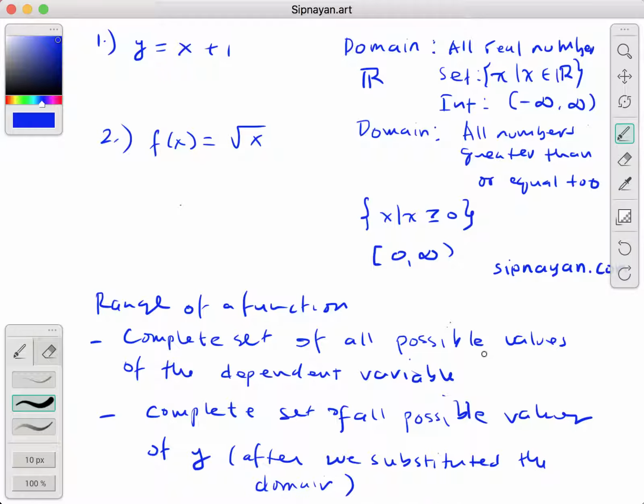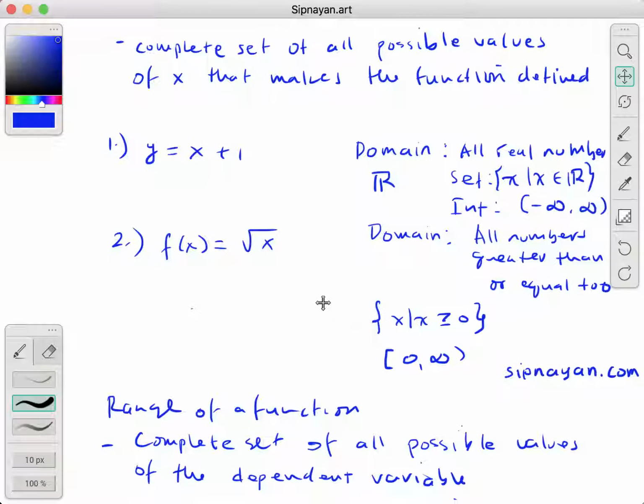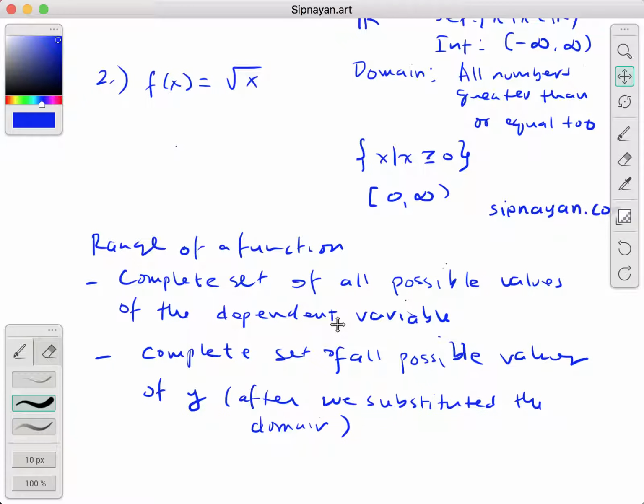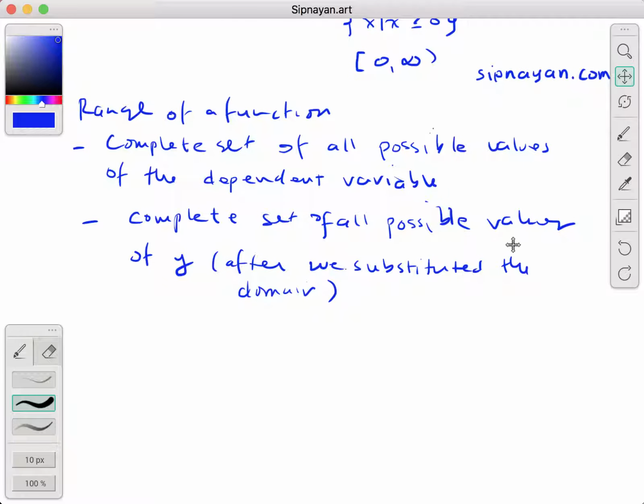Okay? So, balik tayo dito. Ano yung range nito? The range of y equals x plus 1. Dito na natin sa baba. So, the range, real numbers din siya, di ba?